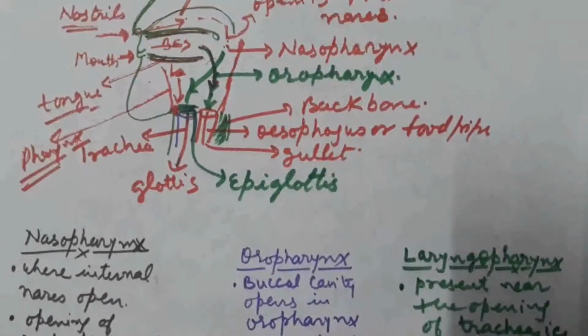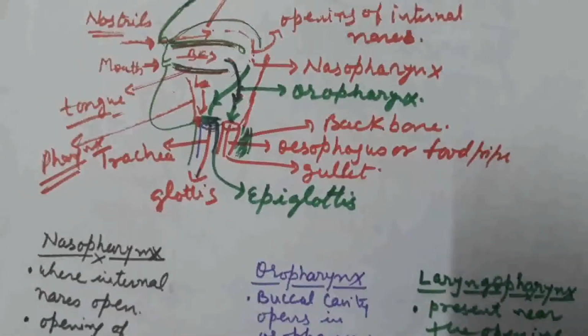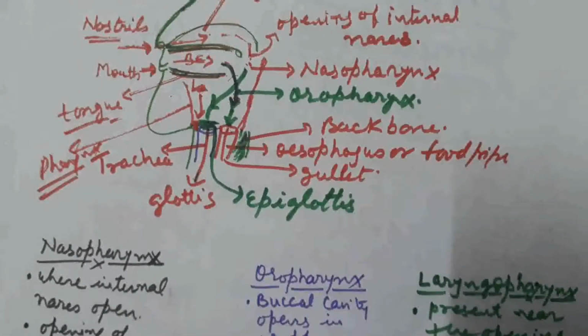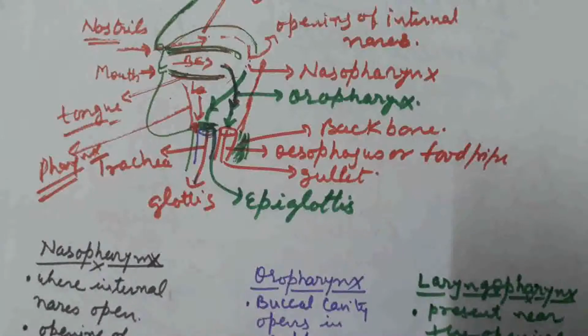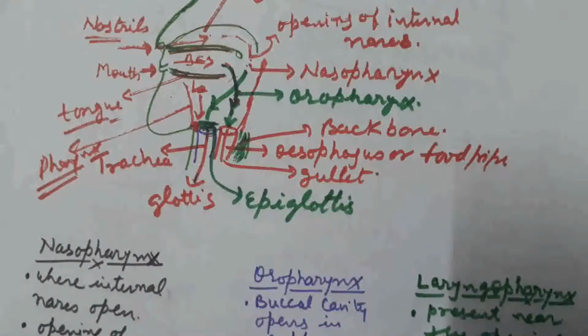One more thing we are discussing here, that is the lymphoid tissue, that is tonsils. Lymphoid tissue or tonsils are present at the posterior part of the tongue, where the posterior part of the tongue opens into the pharynx region.